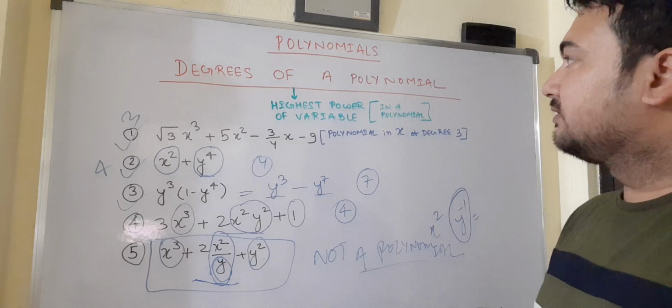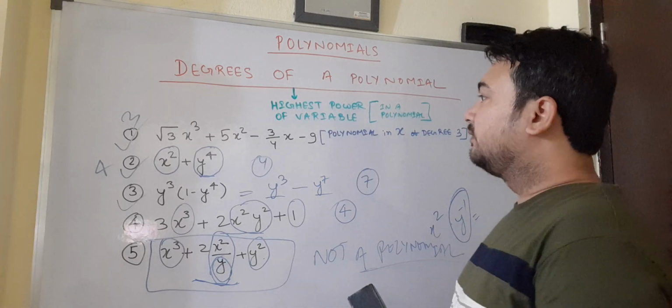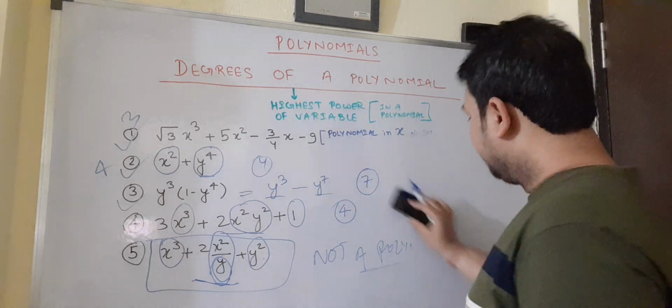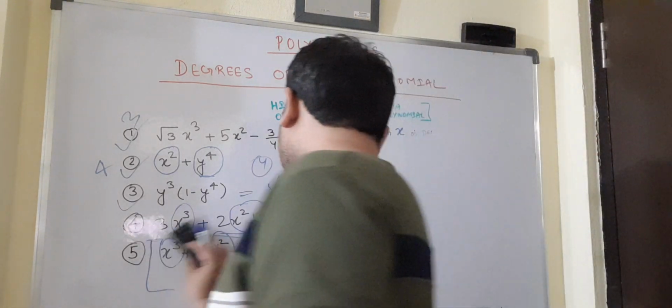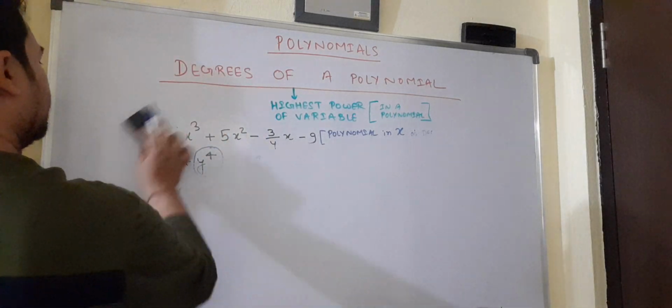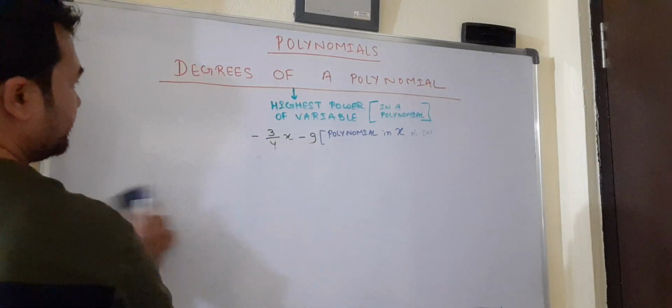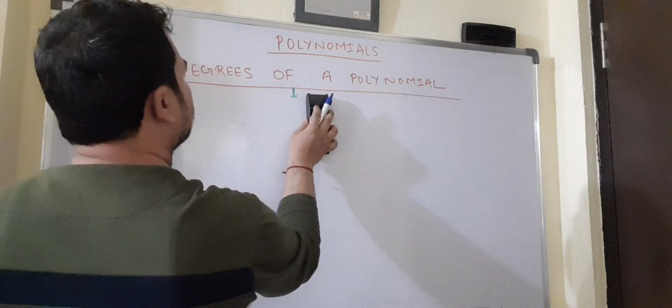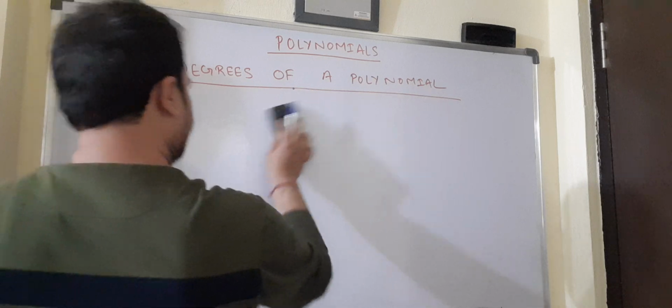So this is about the degrees. Hope you understand degree now. If it is not clear, it will be clear to you when you start exercising and solving more problems. Degrees of a polynomial.